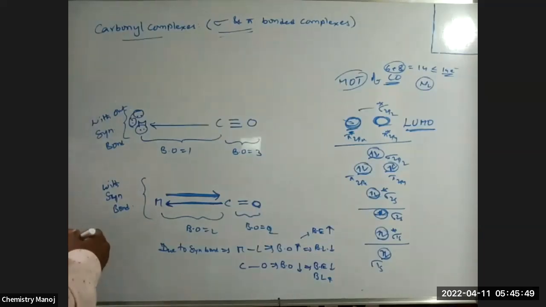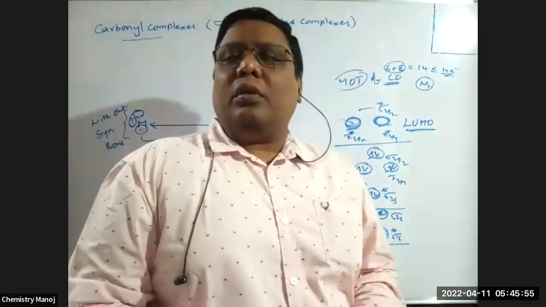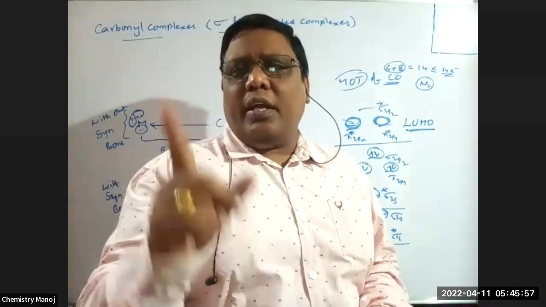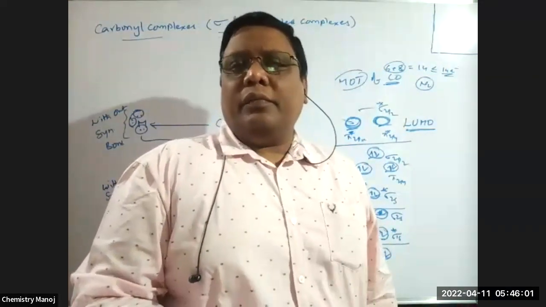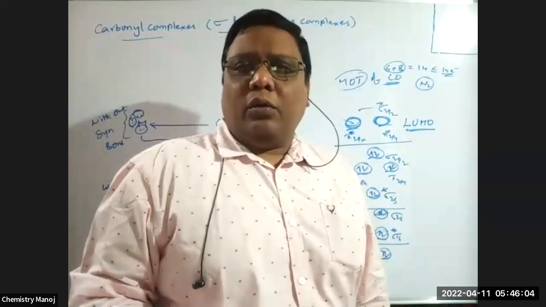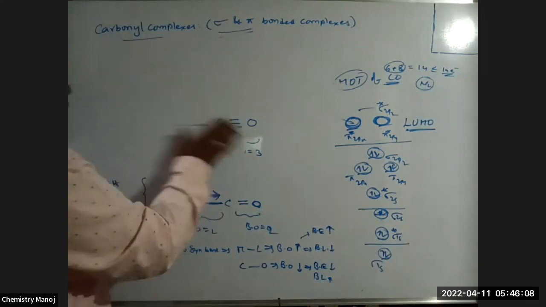Now, see here. These carbonyl complexes always try to follow the EAN rule. I told you about EAN, the effective atomic number, at the beginning of this topic.